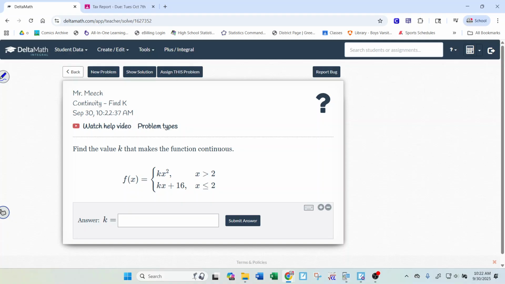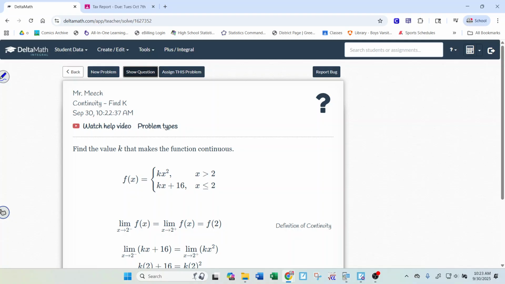If it's continuous at 2, the definition says the functional value at 2 has to equal the limit at 2, right? That's the definition. And if it's from the right and the left, what has to be true for the limit to exist at 2? The limits from the right and the left have to be the same. So basically what you're going to do here is plug 2 in for x and find k so that they're equal to the same thing.